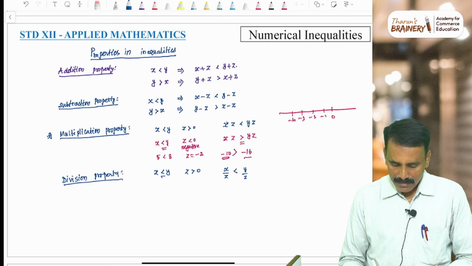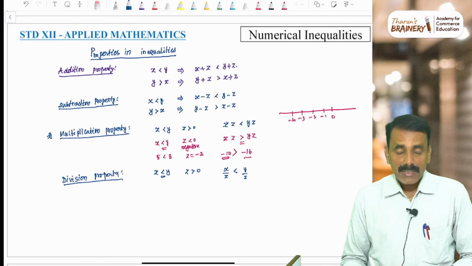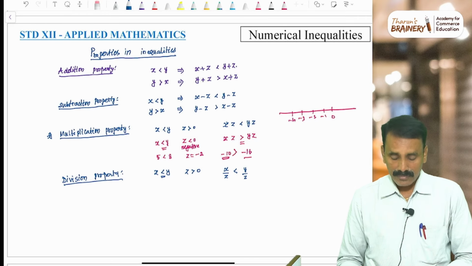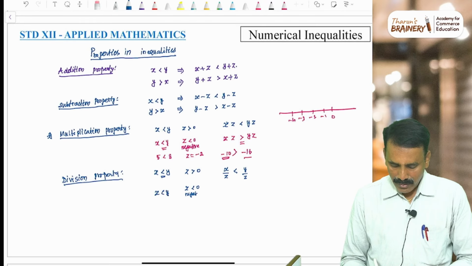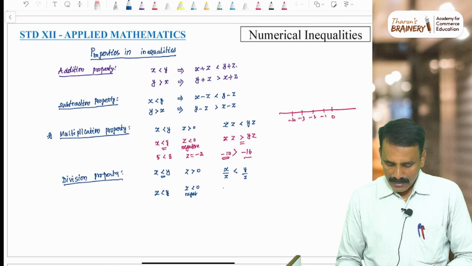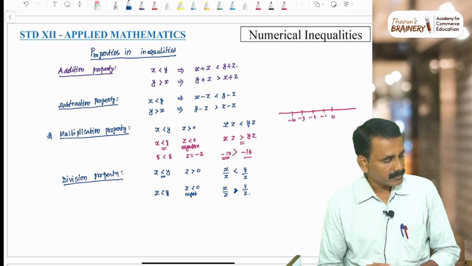Okay. When z is less than 0, z is going to be a negative number. When x is less than y, and if you divide by a negative number, then x by z will be greater than y by z.